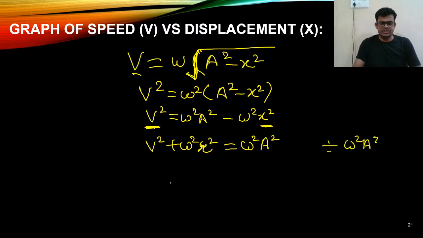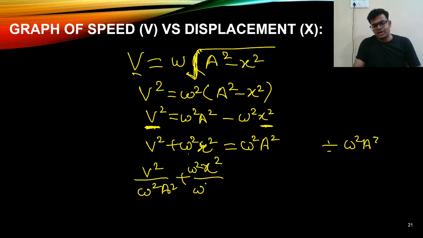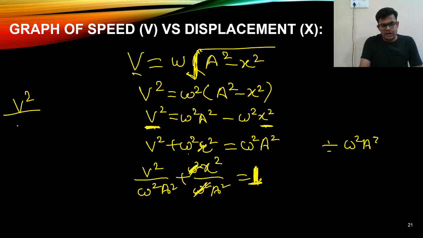So v square divided by omega square a square plus x square omega square upon omega square a square is equal to omega square a square divided by omega square a square, which is 1. The omega square cancels. So finally the equation is v square upon omega a whole square plus x square upon a square is equal to 1.